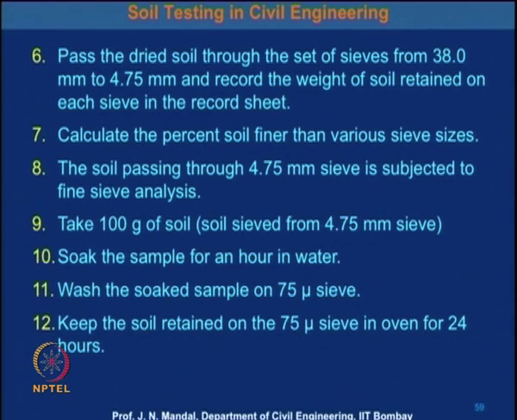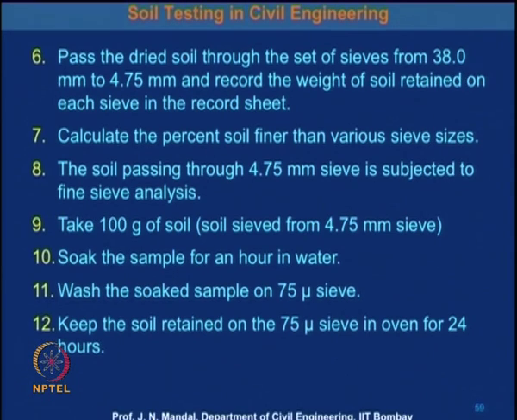Then next you have to calculate the percentage of soil finer than the various sieve sizes. The soil passing through the 4.75 millimeter sieve is subjected to fine sieve analysis.